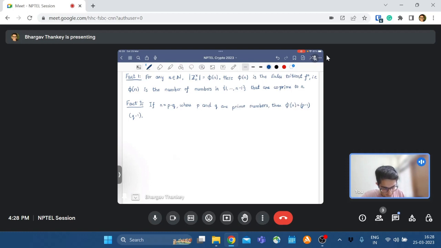Now, why does this help? It's because of the following reason. 55 equals 5 times 11, and the size of the group is 5 minus 1 times 11 minus 1, which is 40. Okay, so there are 40 elements in this group, right?